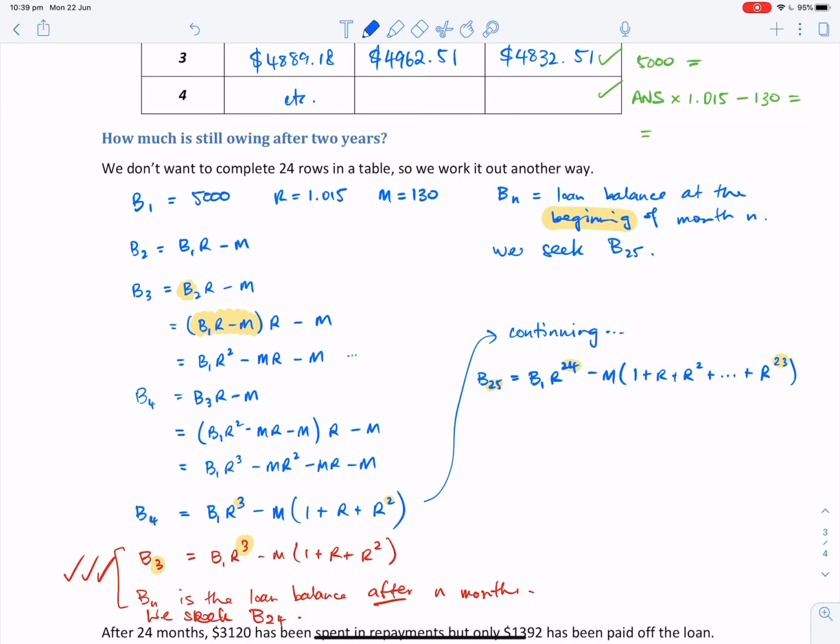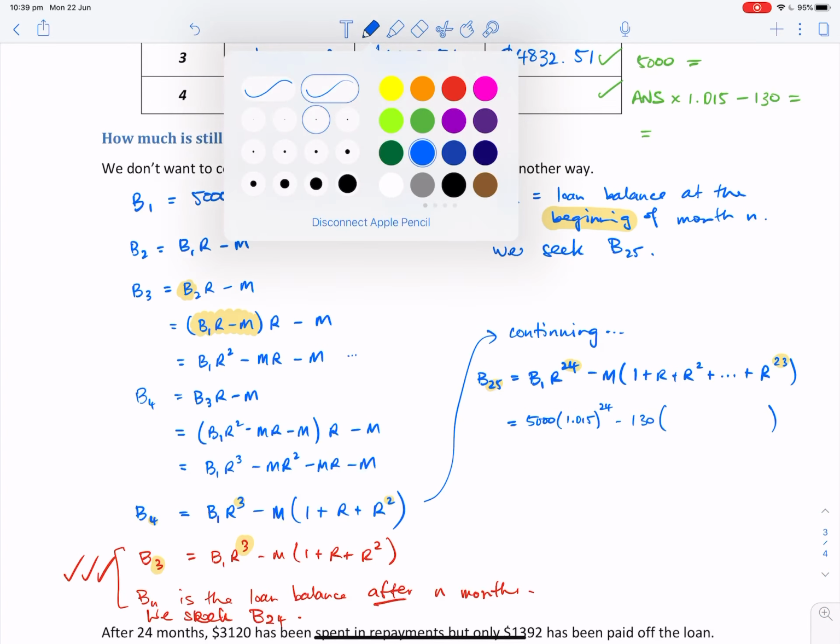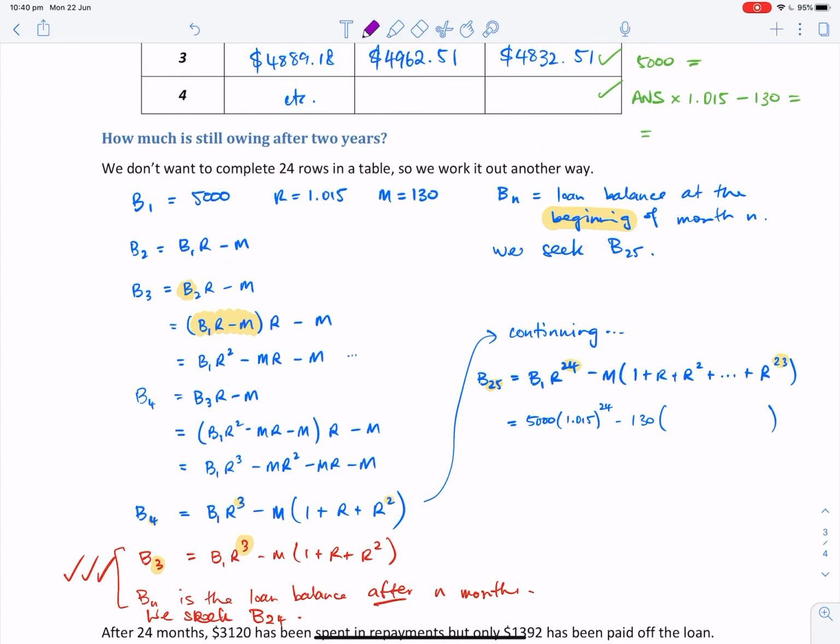Okay, and B1 was 5,000. This is 1.015 to the 24. M is 130. And I'm going to do a little aside here. The SN equals A times R to the N minus 1 over R minus 1.